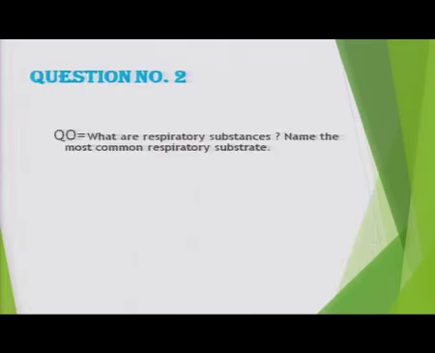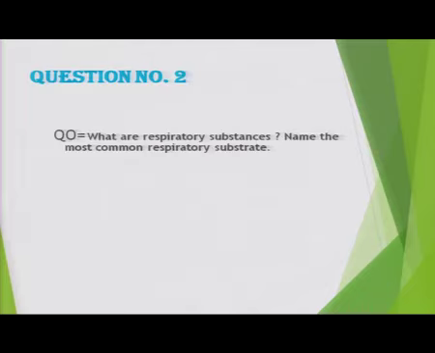In my second question: what are the respiratory substrates? Name the most common respiratory substrate. Respiratory substrates are those substances which help in generating ATP.